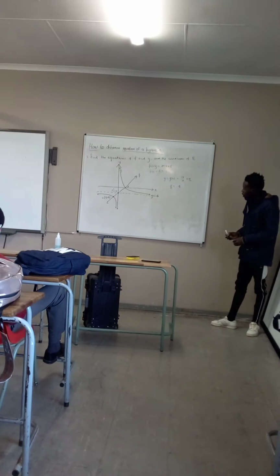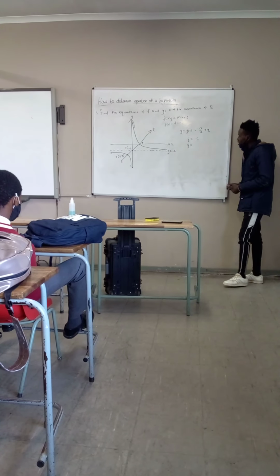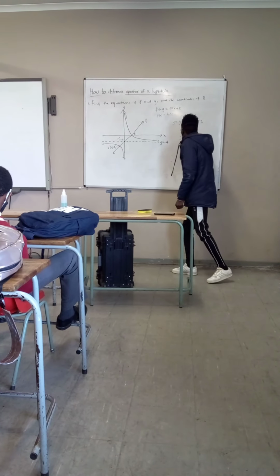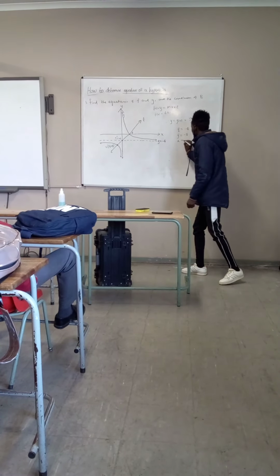Because -8 is a point given, and that point lies on our hyperbola graph. So we are going to use this point, which is -1, -8. So our value of y is -8 in this case, and our x is -1.